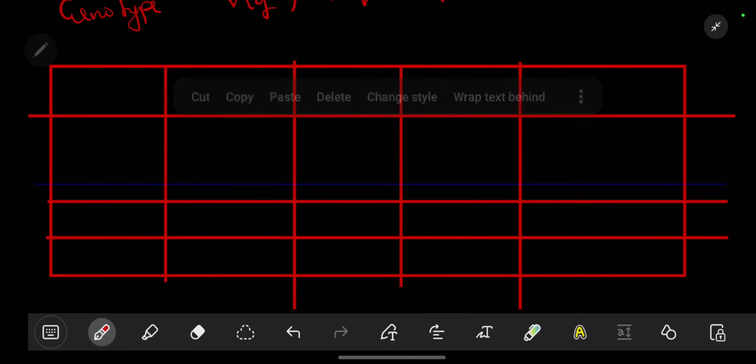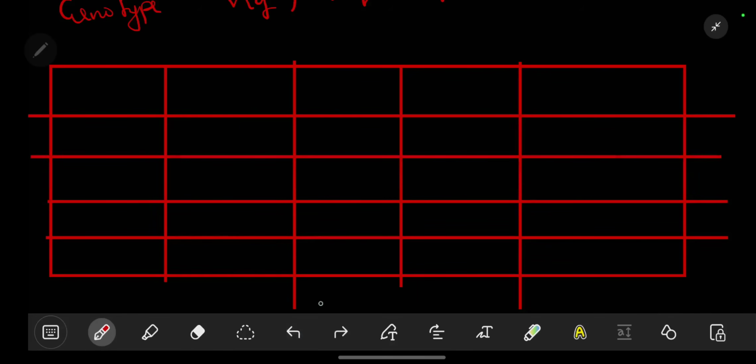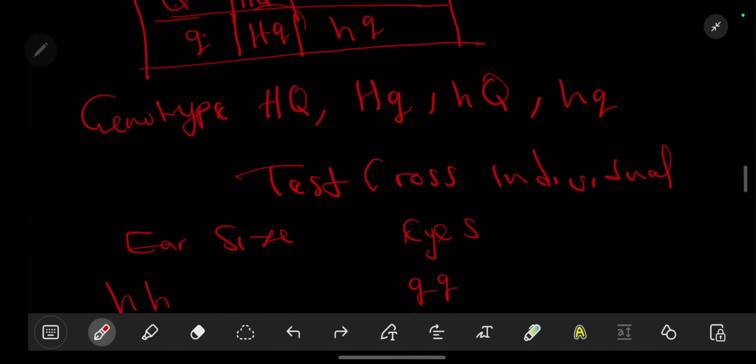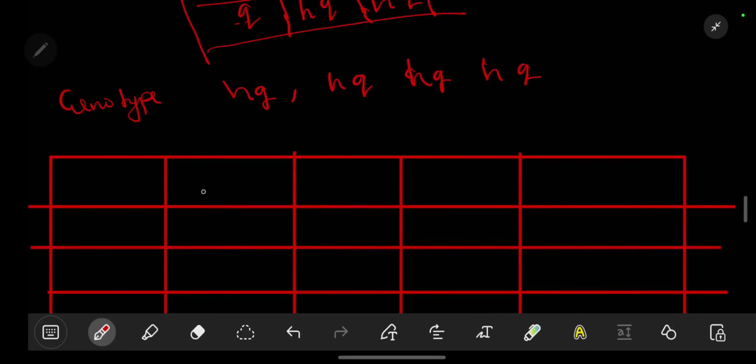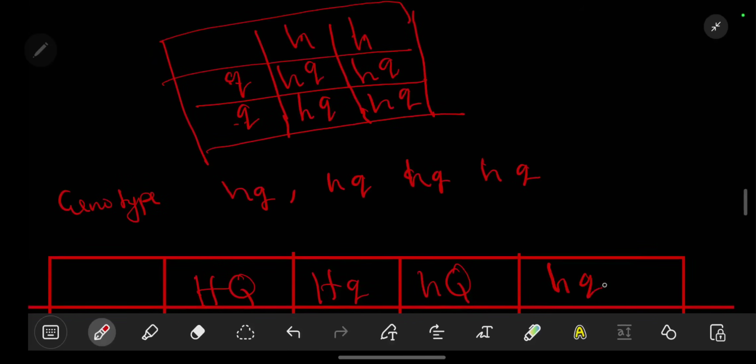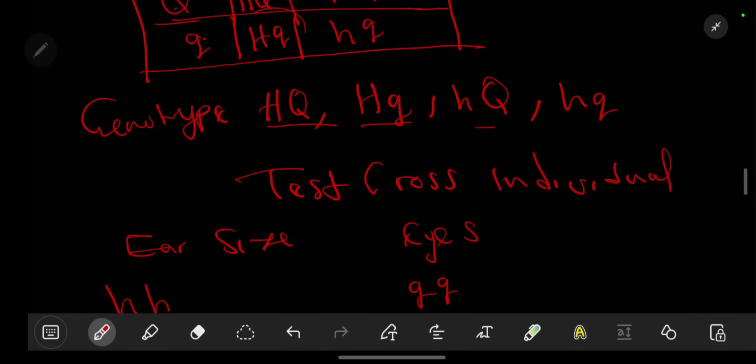When we get our 16 Punnett square, we are going to put this there. So we have our HQ. We put it here: HQ, H small q, small h big Q, small h small q. We have obtained that.